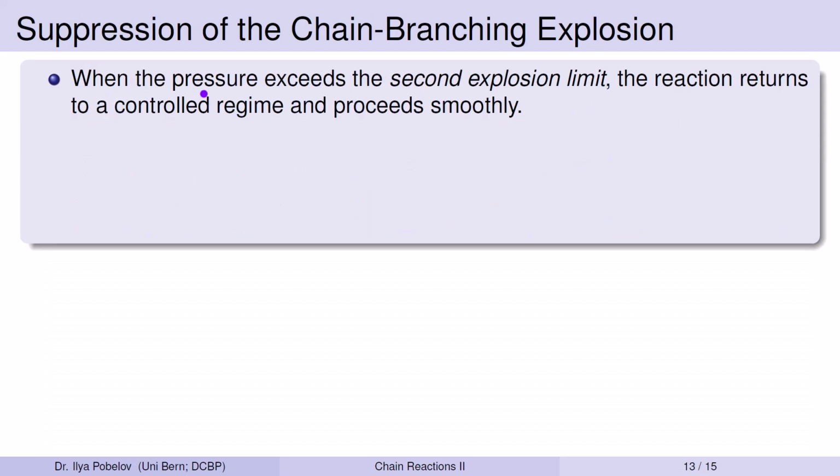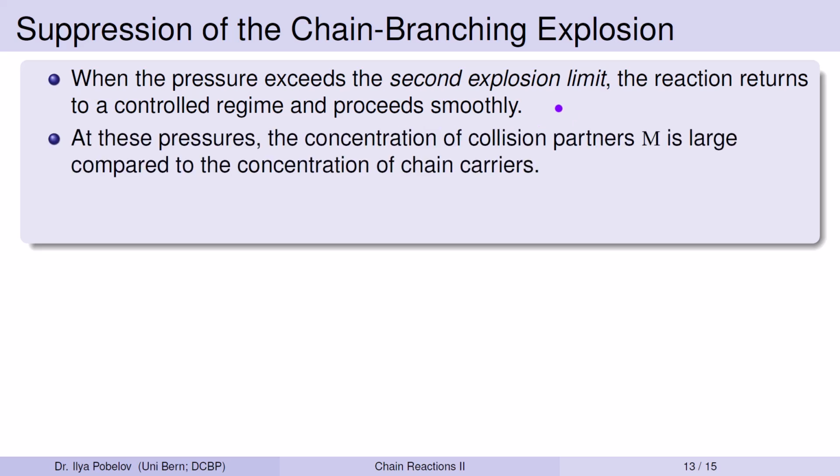When the pressure exceeds the second explosion limit, the reaction returns to a controlled regime and proceeds smoothly. At these pressures, the concentration of collision partners is large compared to the concentration of chain carriers.